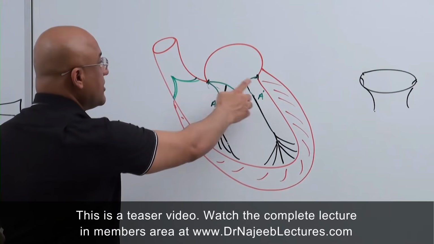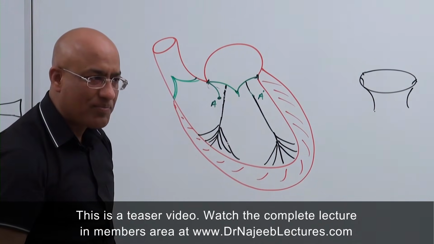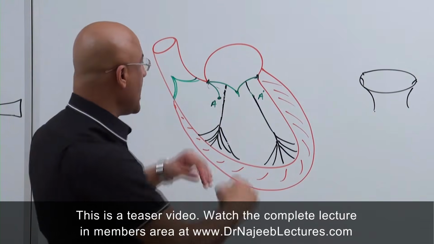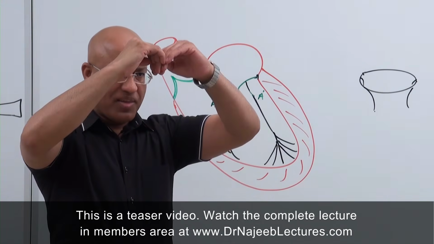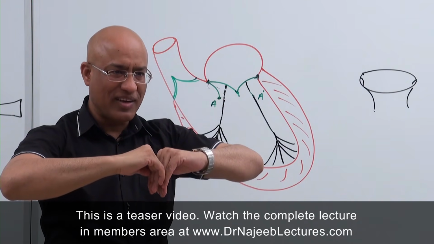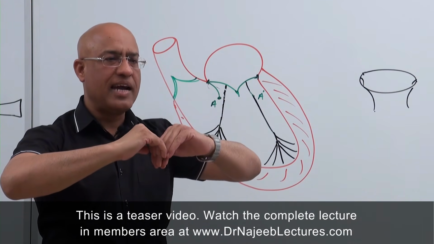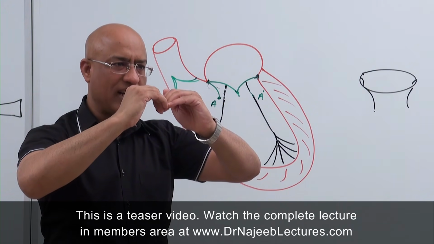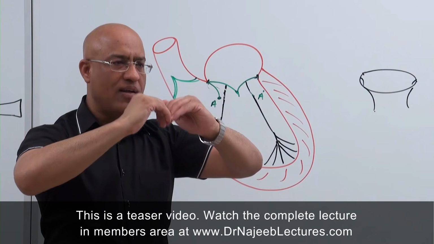Now, these leaflets are elastic. Chordae tendineae are also elastic. So what will happen? Leaflets will bulge up, chordae tendineae will pull down. Or you can say that the leaflet will bulge backward to the atria and the chordae tendineae will pull it forward to the apex.